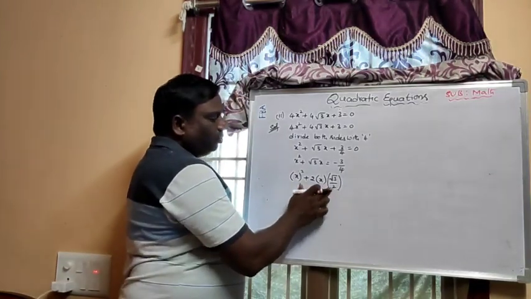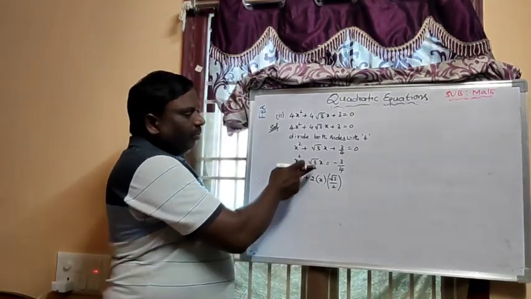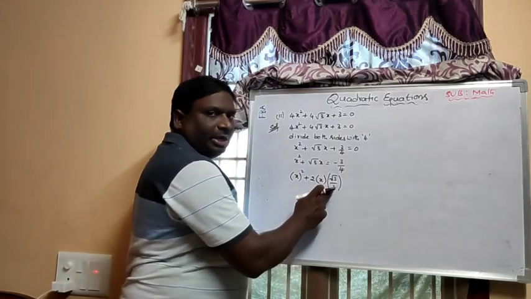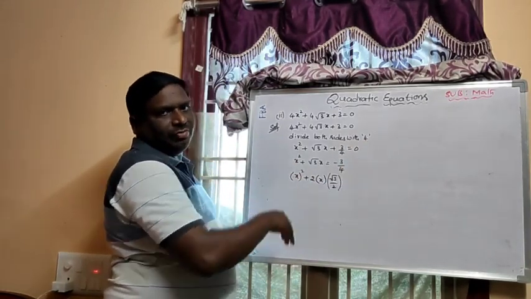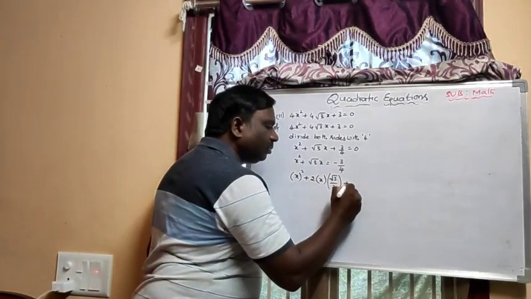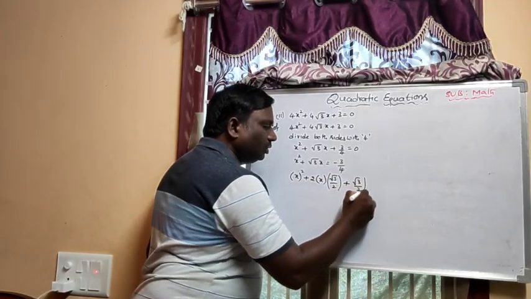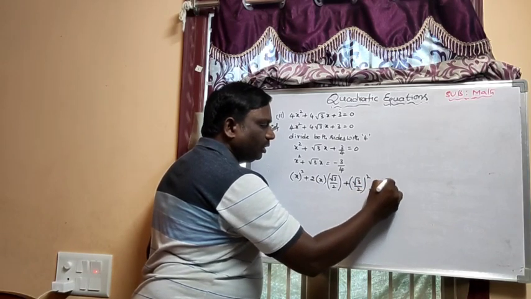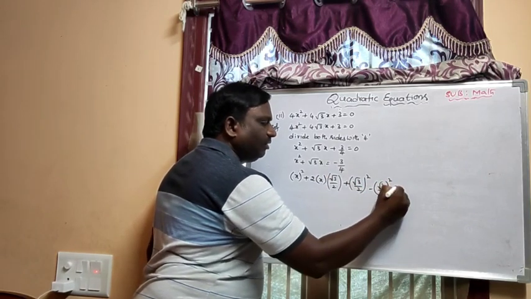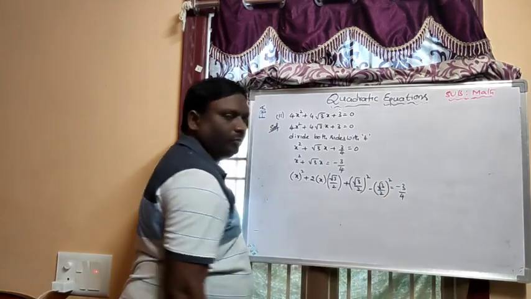So verify here, 2 gets cancelled. Root 3x is the before term. So b I decided here. So next step is what? Plus b square and minus b square we have to take. Plus b square is plus (root 3 by 2) whole square minus (root 3 by 2) whole square equal to the right hand side value, minus 3 by 4.